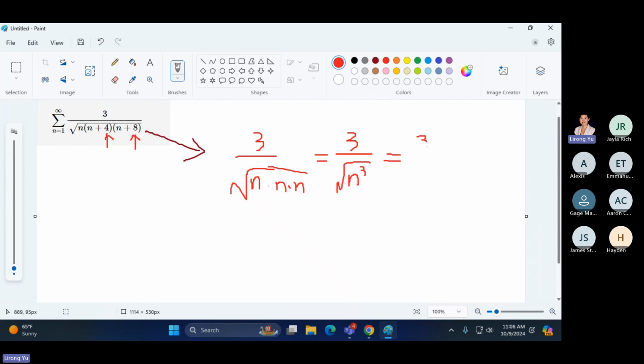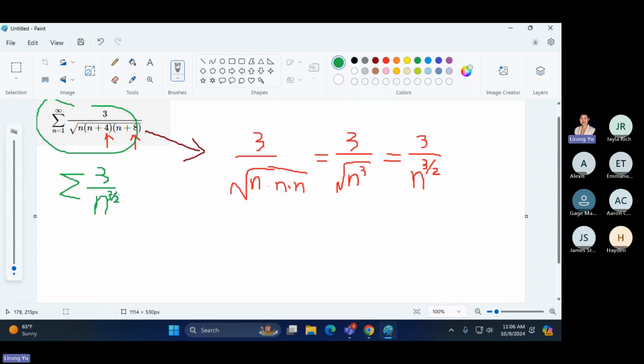This is 3 over n to the power 3 half. The root will have the power. So we are going to compare this with the summation of 3 over n to the power 3 half.